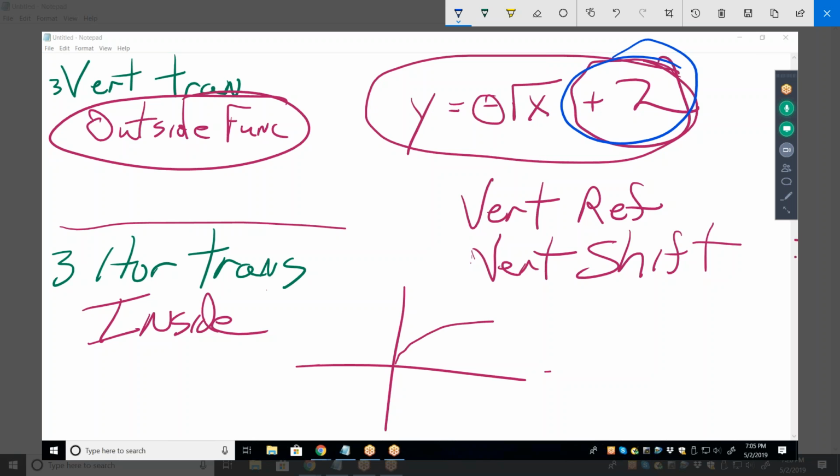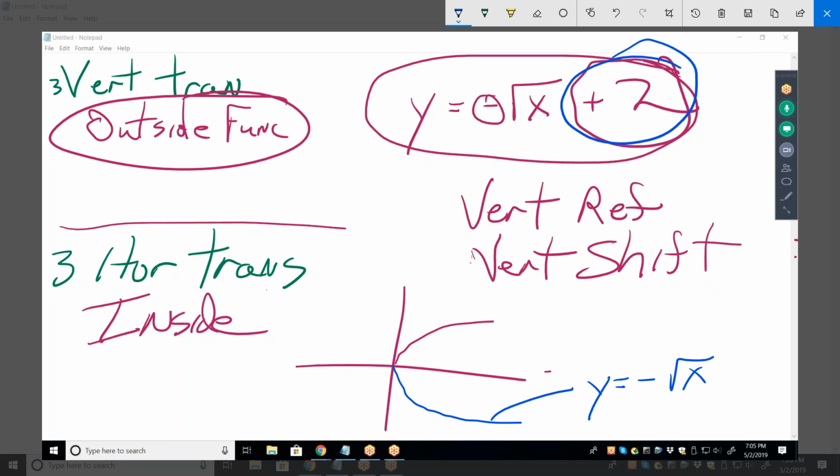You graph the vertical shift? Nope. Always do your negative signs first. Your reflection. Always. They have to be done first. There's the vertical reflection. That is y equals negative root x. With me?